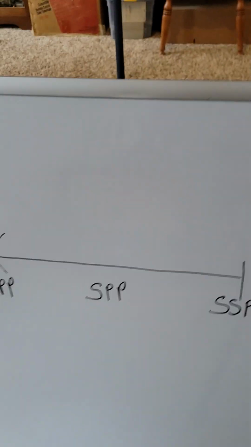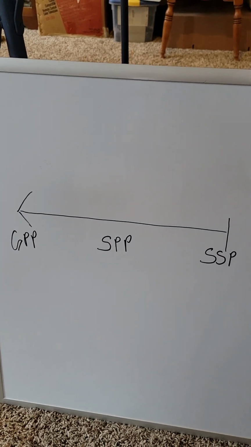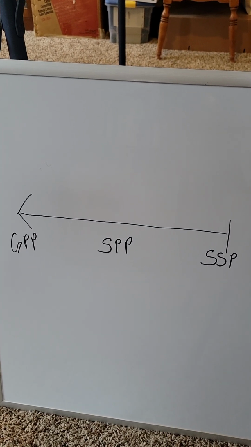I have referred a few different times to the continuum, in which you're looking at GPP being on the far left, SSP being on the right. Sorry about that camera movement. I'm going to show that continuum really quick. Okay, so here is a look at that continuum. Very simple.